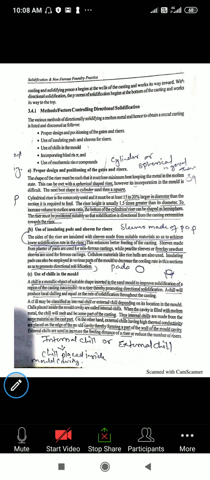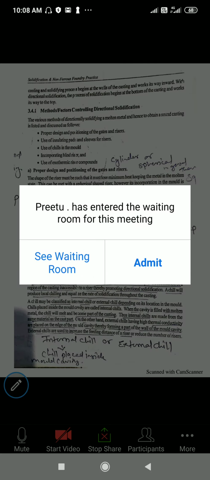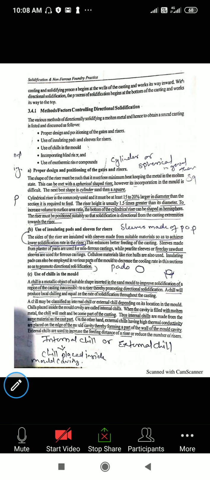Some of the factors and methods are the proper design and position of the gates and risers. Use of insulation pads and sleeves for the risers, that you are going to study. So these are some methods. The use of chills in the molds.